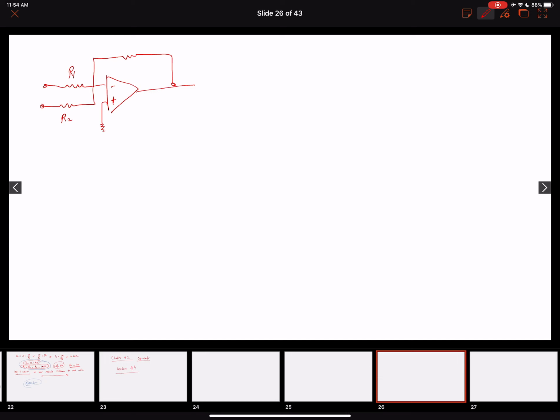R1, V1, V2, this is RA, this is V dash, this is V3, V4, RB, R3, R4, and then this goes all the way over here.